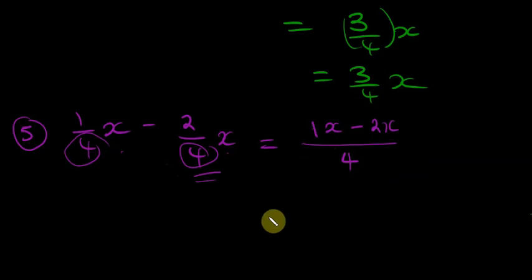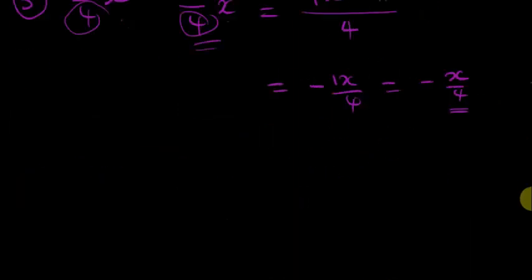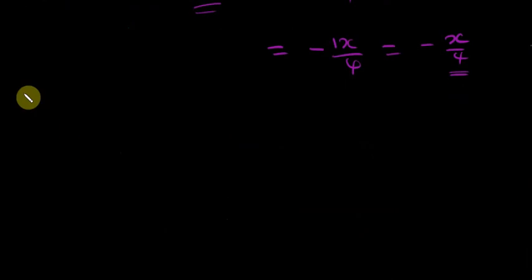Okay, 1x minus 2x, 1 minus 2 gives us minus 1, so minus 1x over 4, which is equal to minus x over 4. Alright, okay, cool. One more.